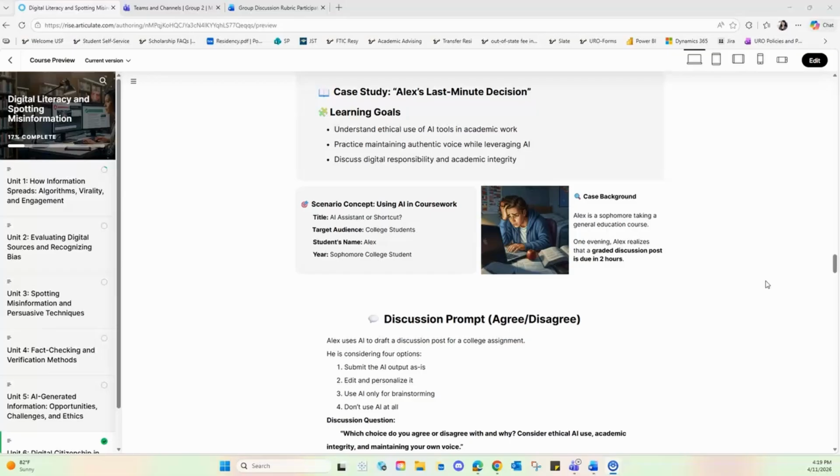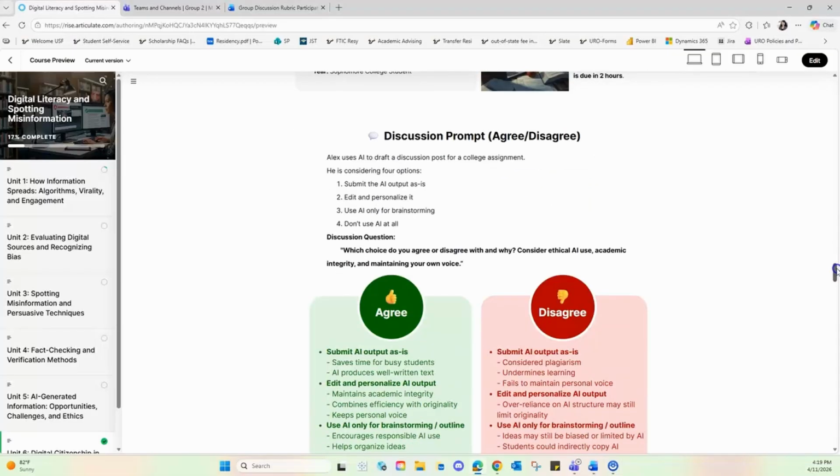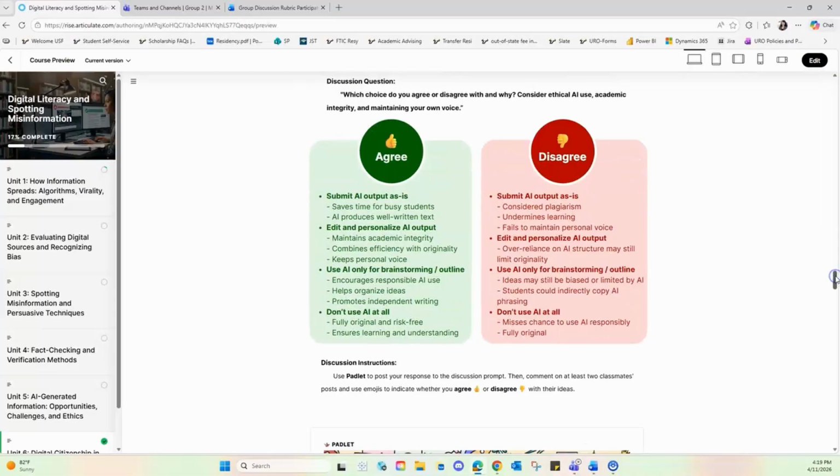Students work through four options and vote on whether they agree or disagree. They are encouraged not only to choose an answer, but also to explain their reasoning, compare perspectives, and respond to their classmates.